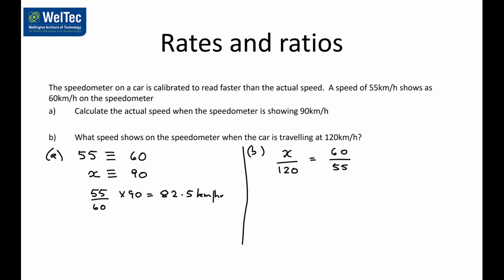In the first part, we knew it was going to be smaller, but in the second part it's going to be bigger, so that it's going to be upside down. So just using basic fraction knowledge, 55 times x is equal to 60 times 120. X is equal to 60 times 120 over 55. And you'd need to use a calculator to do that. And the final answer would be 131 kilometres per hour.